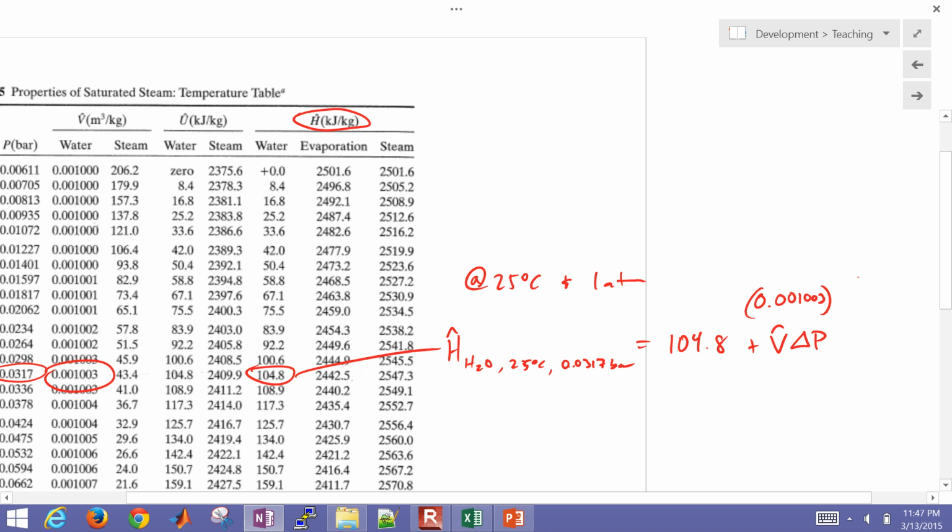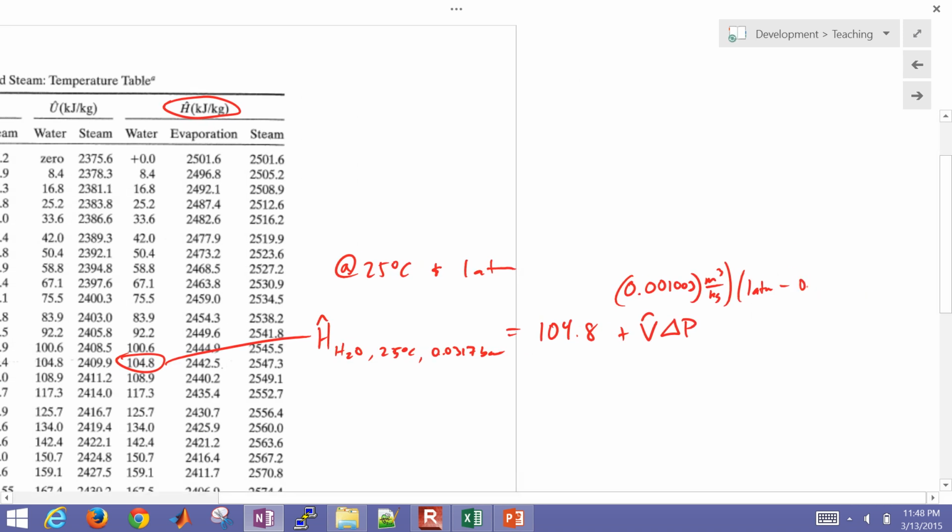So if we do the conversion, this is going to be meters cubed per kilogram, times 1 atmosphere minus 0.0317 bar.